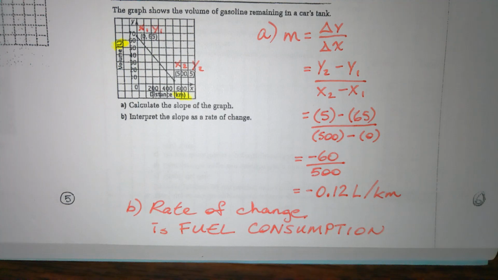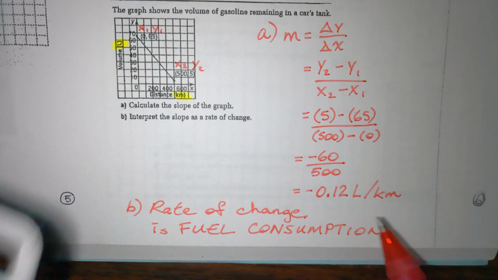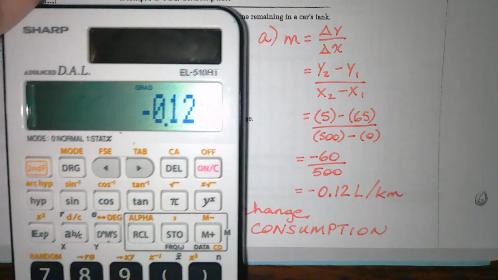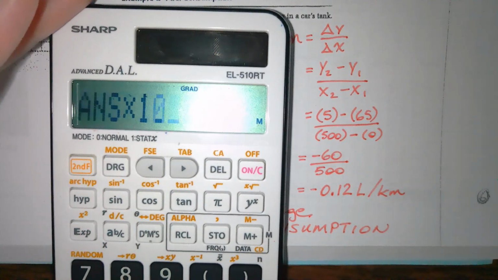Does it change? Yeah. I believe they express fuel consumption as liters per 100 kilometers. Yeah, you could. So this is like a unit rate. Remember, rate of change is basically a unit rate. So if I were to express it as per 100 kilometers, I just multiply this by 100.